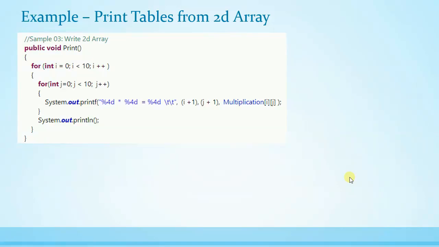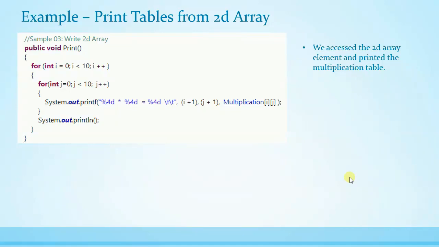When the outer for loop runs for the second time, the multiplication table is generated from 1, 0, 1, 1, 1, 2, 1, 3, 1, 4. Likewise, it goes till table 10 or index 9. So we accessed the 2D array elements and printed the multiplication table.